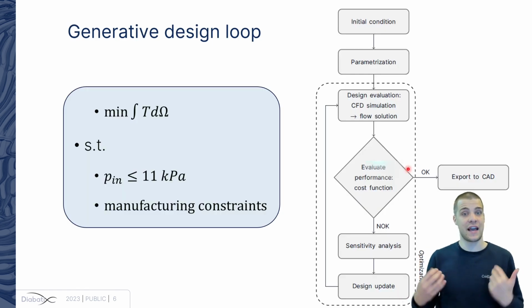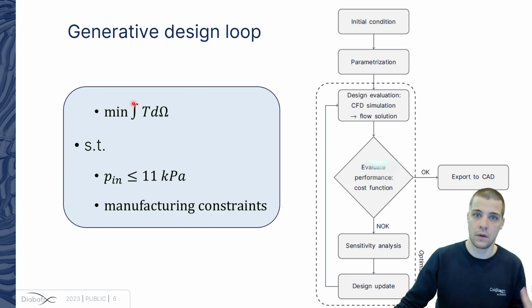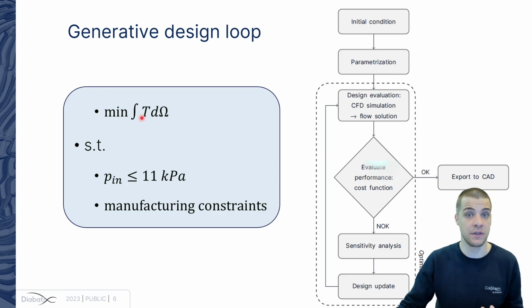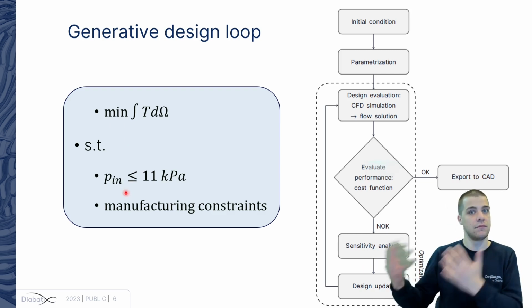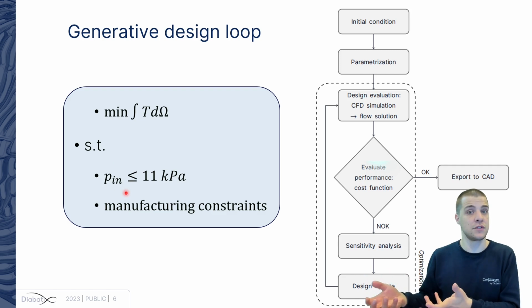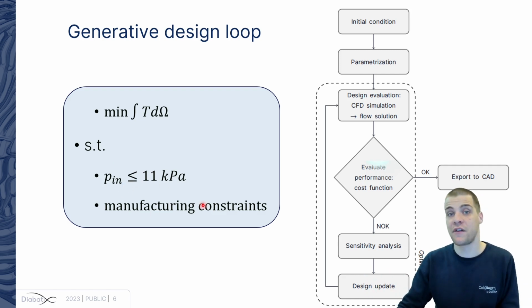What does the actual algorithm behind it look like? With your targets, you define your objectives, for instance, minimizing the temperature over a given volume, subject to constraints, both performance constraints like the pressure constraint, but also manufacturing constraints.